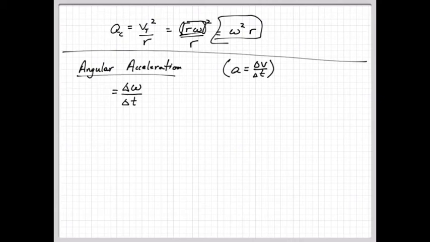The variable you'll see for this is a lowercase alpha symbol, which for all purposes looks like a sketch of a fish. If we want the instantaneous angular acceleration, same thing, it's the derivative of angular velocity.